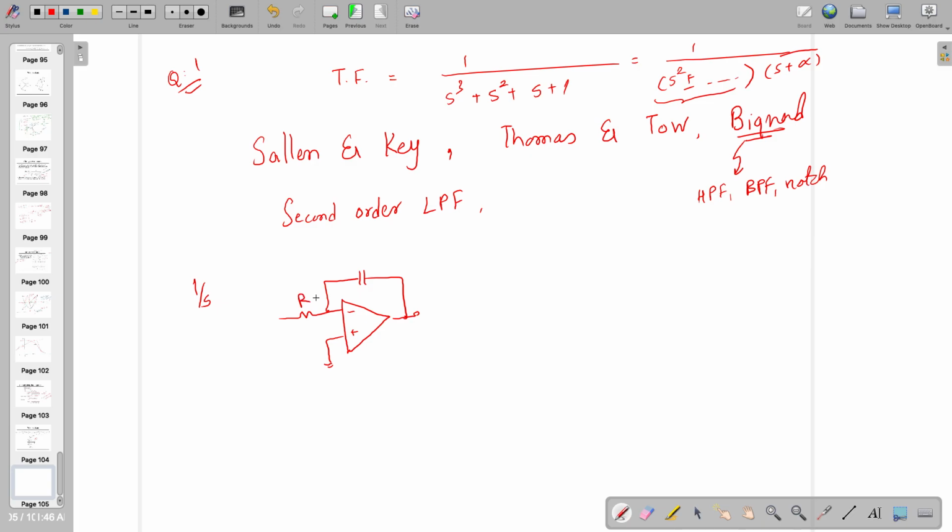This will give you minus 1 by RCS actually. So if I need 1 by s plus alpha, how to do that? You can write alpha by s plus alpha, s plus s by alpha plus 1.